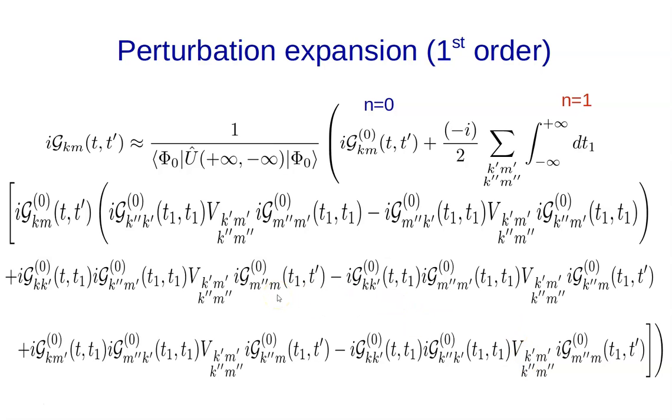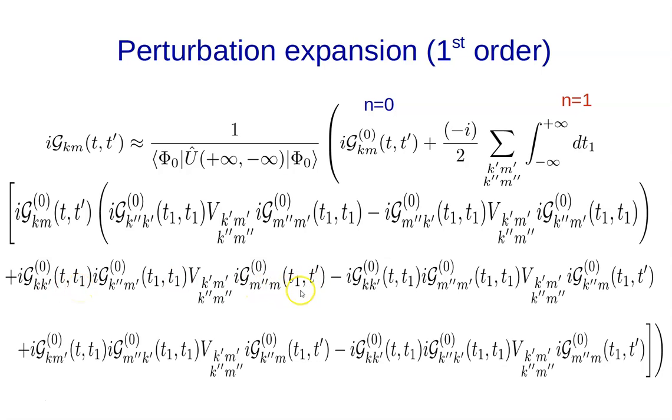But now in this form it is rather complicated to make sense of what's going on, right? If you want to think of these Green's functions in terms of a propagator, say, creating a particle with state m at time t prime and destroying it at a state k at time t, then you can kind of see something going on here, right?